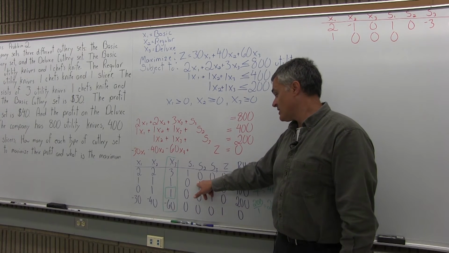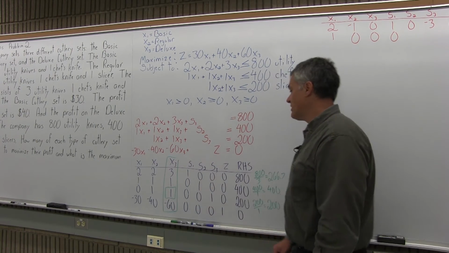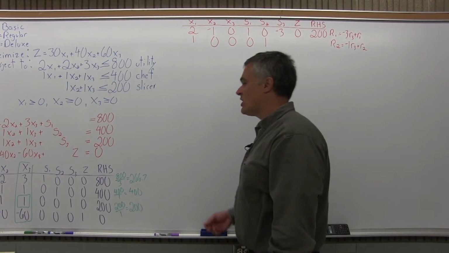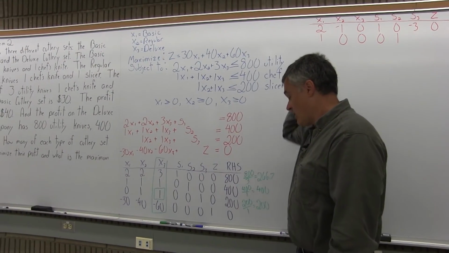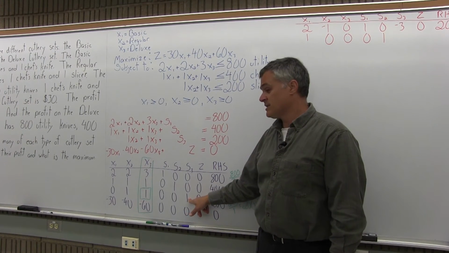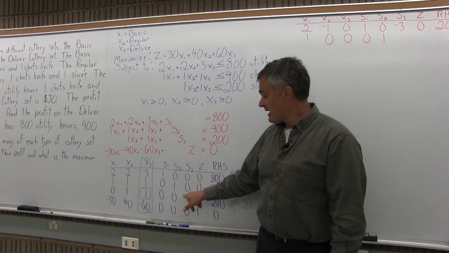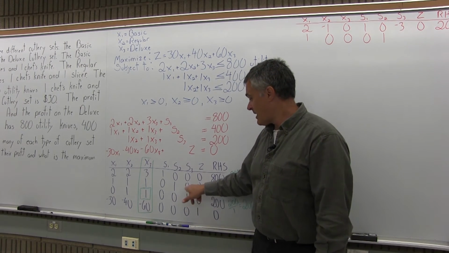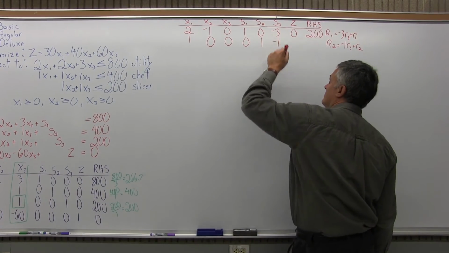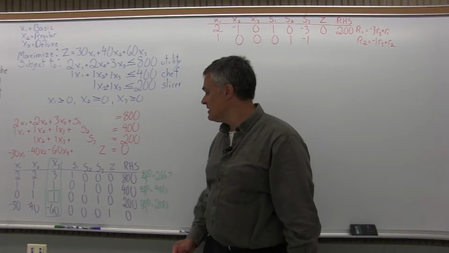You're going to add that result to row 2, so you're going to add 0 plus 1, which is 1. The next column over is the S3 column. So you're going to do negative 1 times row 3 is negative 1 times positive 1. It's minus 1. You're going to add that result to row 2, so you're going to add minus 1 plus 0 is minus 1.